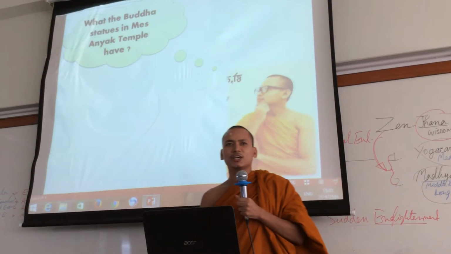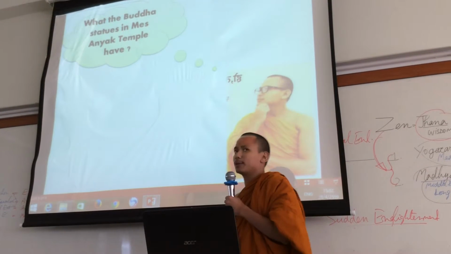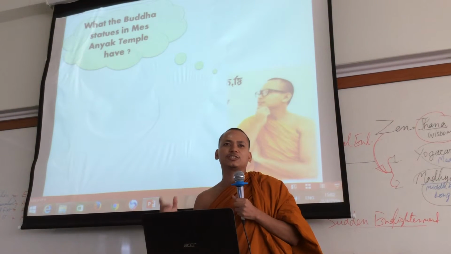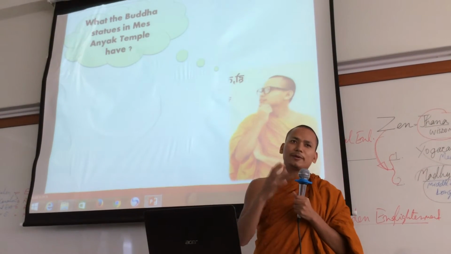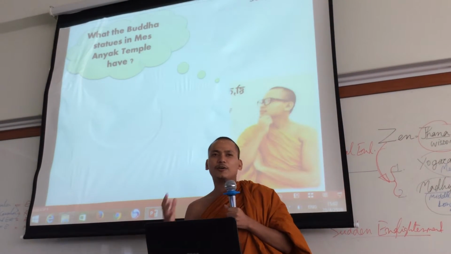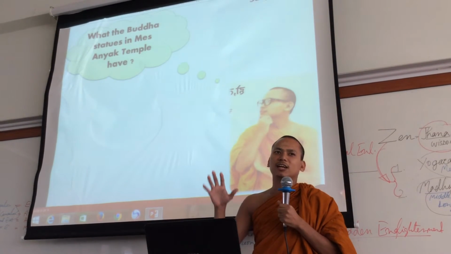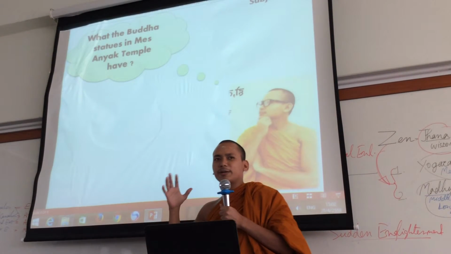If somebody asks me what I like so much, I will look at the Buddha image and ask what these Buddha statues in this Anyak temple really have. Not how this Buddha image was created, how it was composed, or what materials they used. I will not ask those facts. I will ask what this Buddha image really has.